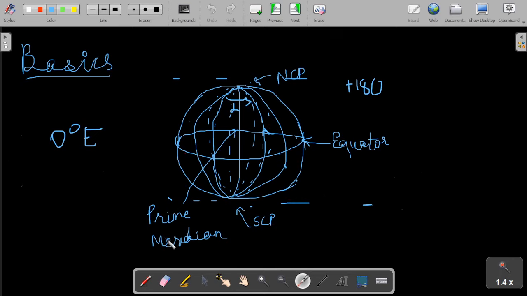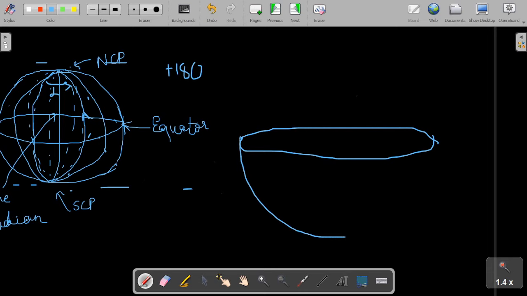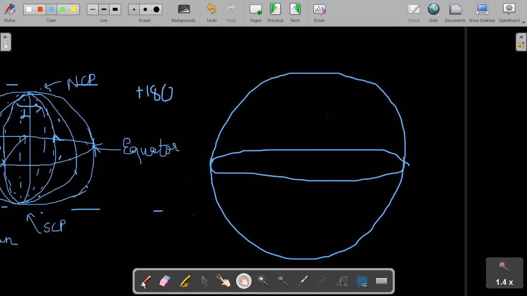Now let's talk about the parallels of latitude and the meridians of longitude, as they are called. So the latitude is basically the coordinate. Let's just draw a diagram here and explain it so that it would be more clear to you. Now suppose an observer is standing here.